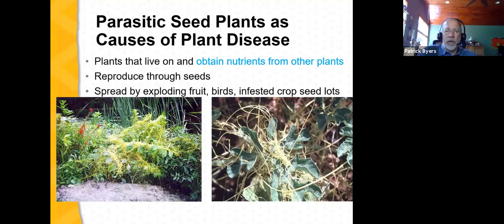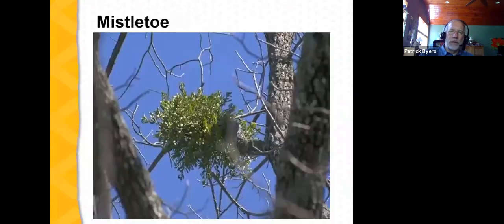They are true plants. They reproduce through seeds, and their agent of spread typically are birds or infected seed lots, particularly in the case of dodder-infested seed lots. But birds are a very effective vector for parasitic seed plants such as mistletoe or dodder. And again, there's an example of mistletoe.